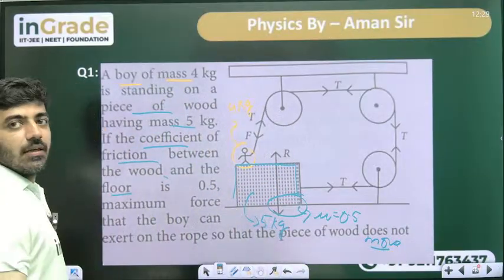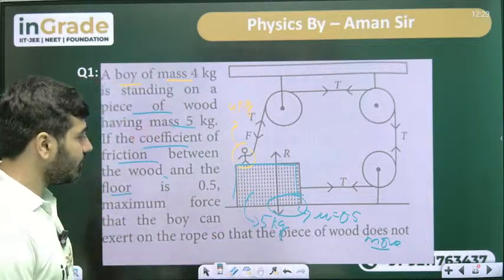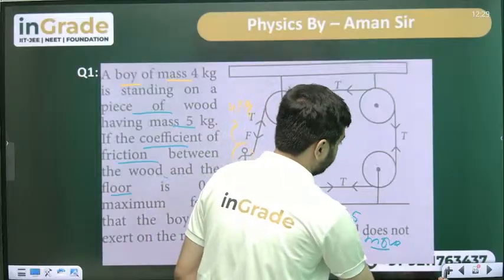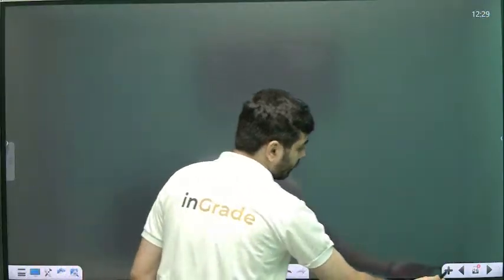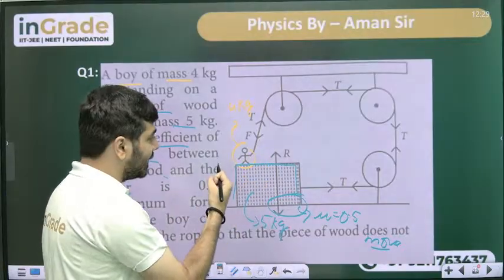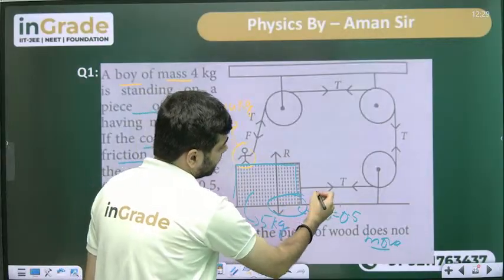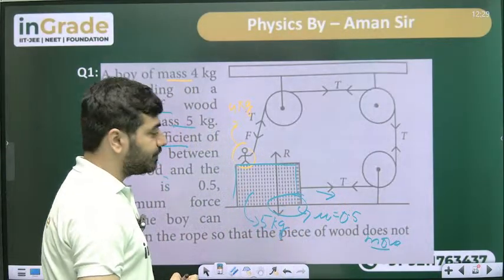Now let's plot first the free body diagram of the boy. Means the boy pulls the rope, let's say with force x, the tension acting in this direction.